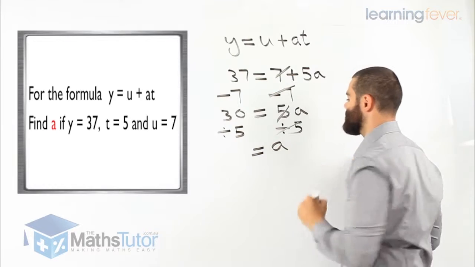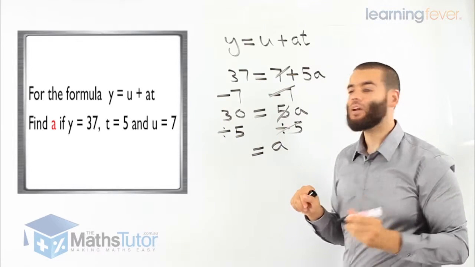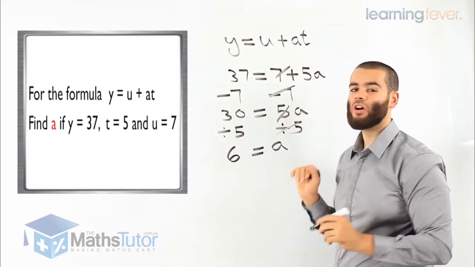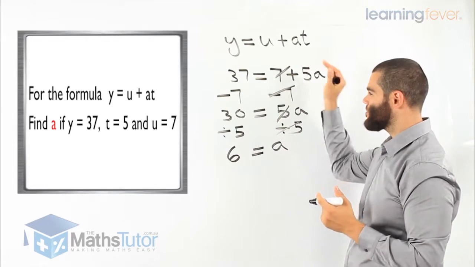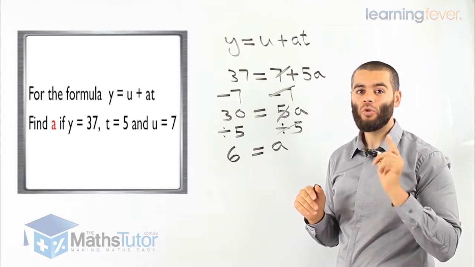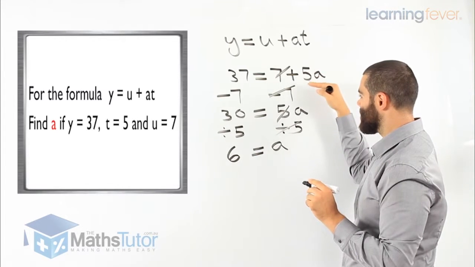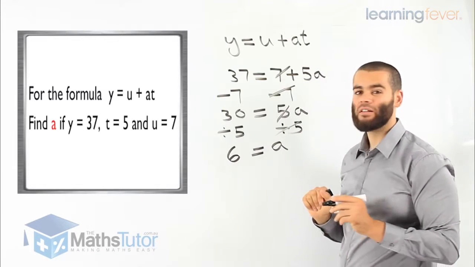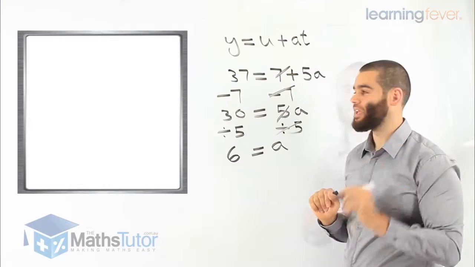So 1a, which is just simply a, and 30 divided by 5 is 6. We always follow the same process. We substitute and we solve the equation. Remember, we solve always by going through the equation steps, and when we substitute correctly. Let's do the last formula.